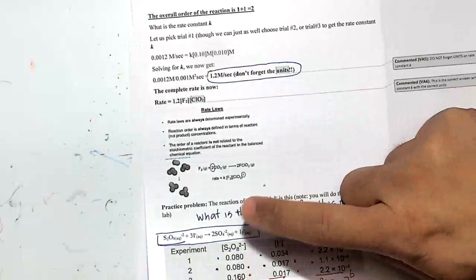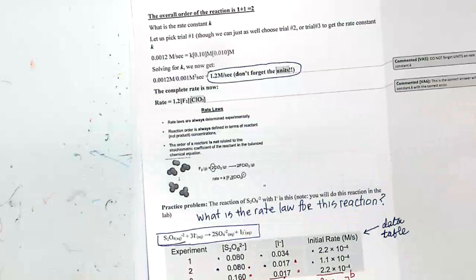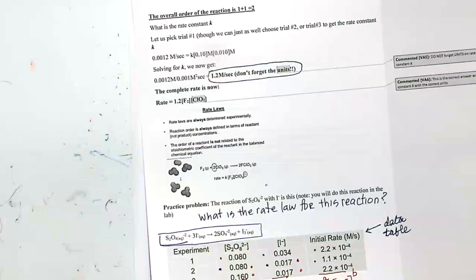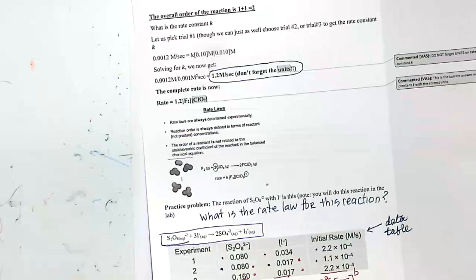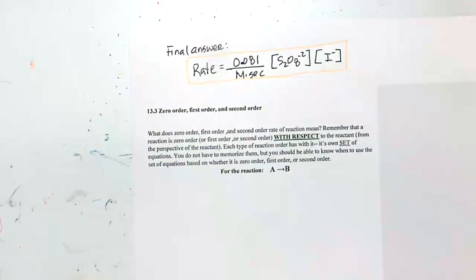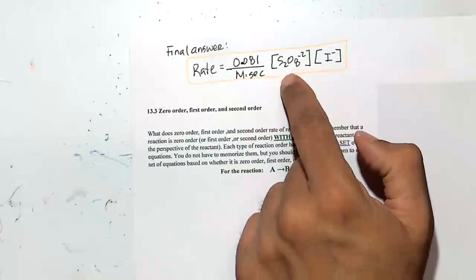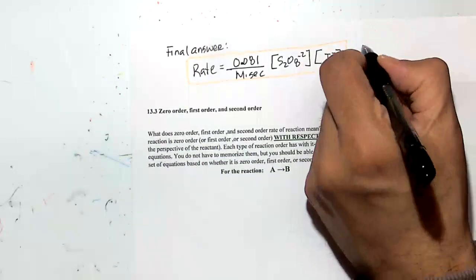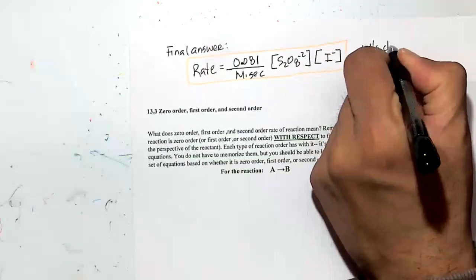Antoinette, give me a number, but since she said 2, pick a number different than 2. Okay, you'll go with 3. So we will put values of 3 here. Let's check our answer with experiment 3.